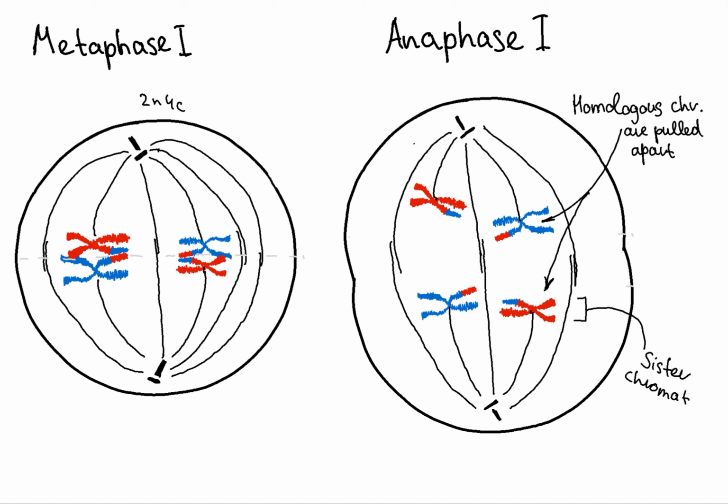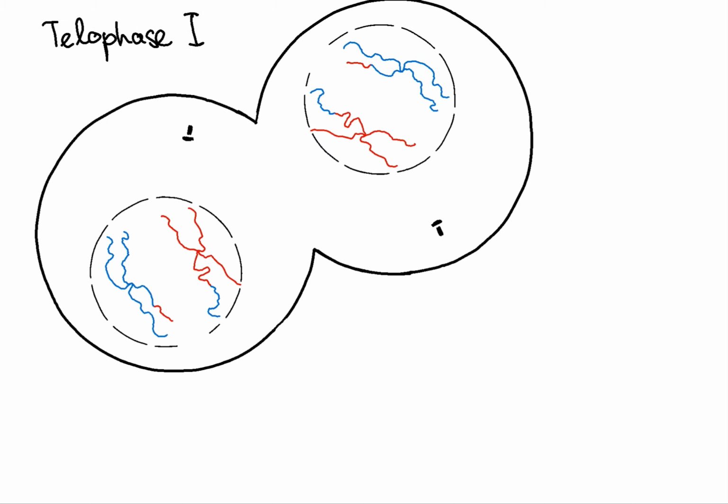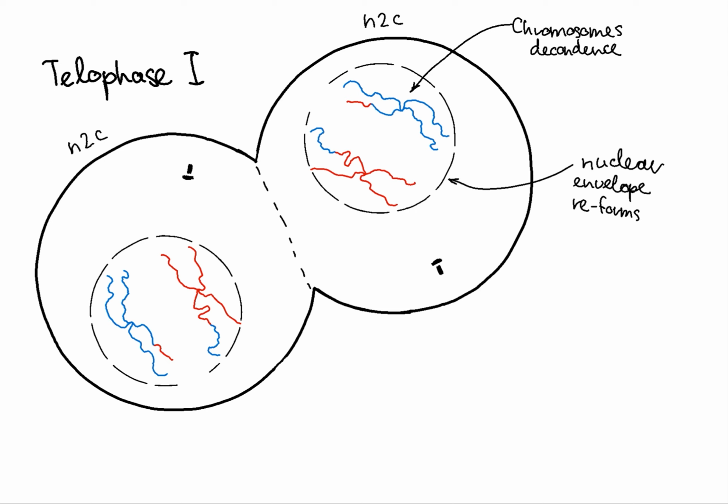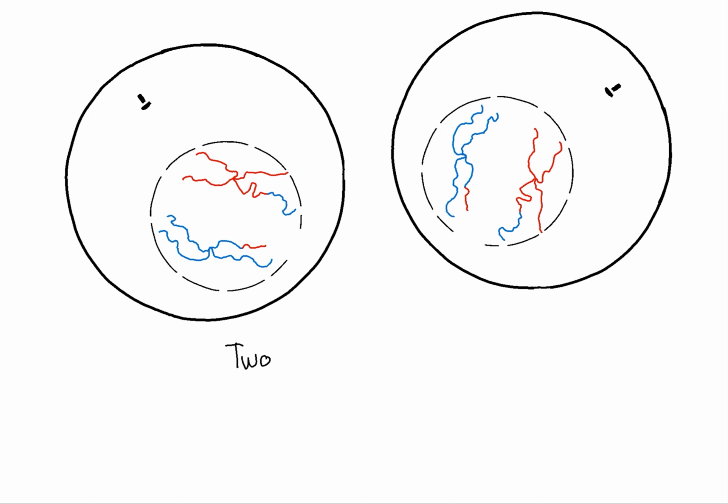The sister chromatids of each chromosome, however, remain attached to one another and don't come apart. Finally, in telophase 1, chromosomes arrive at opposite poles of the cell. Cytokinesis occurs, and now we have two haploid daughter cells.